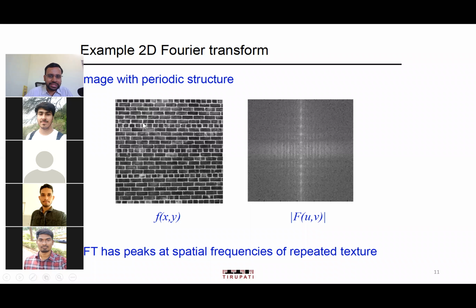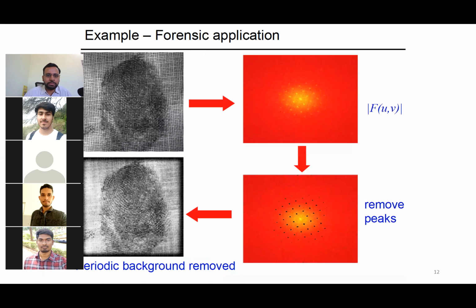That's why it would result in higher order harmonics both in X and Y directions. Had this image been slightly rotated, these also would have come in a rotated direction in this frequency spectrum. So if you have periodicity here, that would result in higher order harmonics with a similar periodicity.